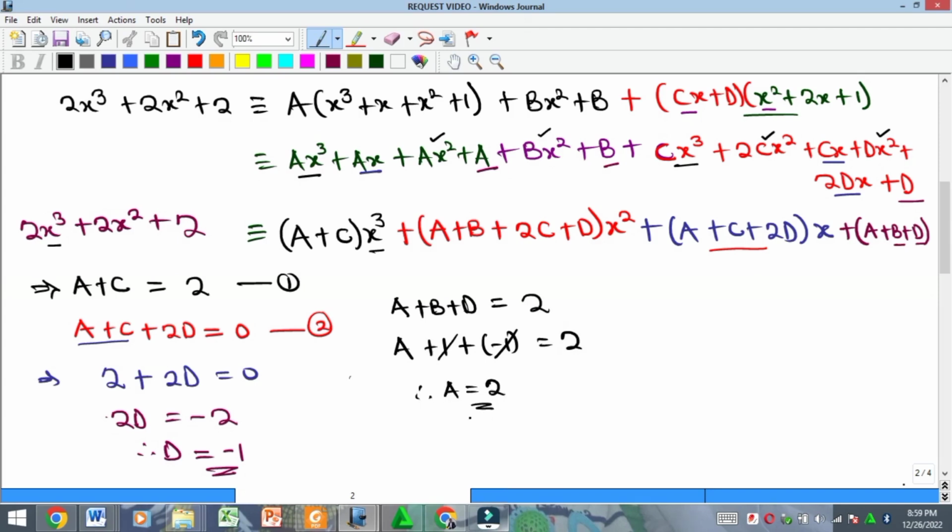So now I have a, b, and d, so I need to get my c. And then I can finally use this other equation also here. We can use this one. Either of the two will give us our solution. So let's quickly make use of this one. If we use this, we are going to have that a plus c plus 2d is equal to the coefficient of x on the left hand side, which is 0.